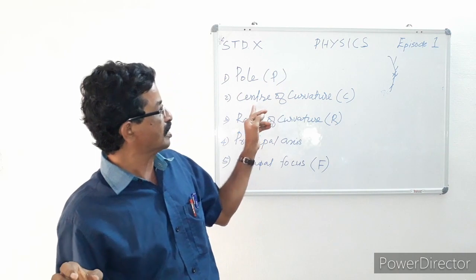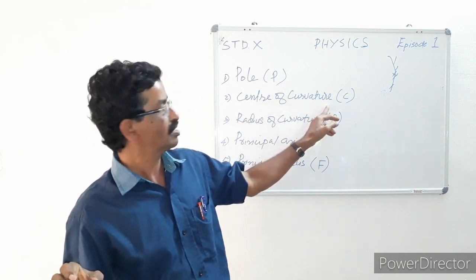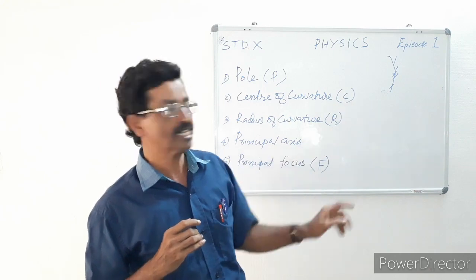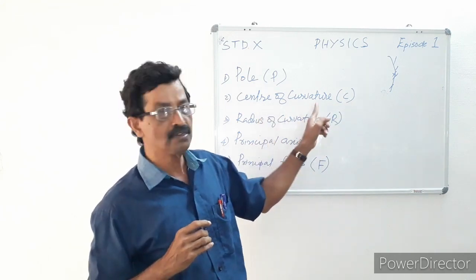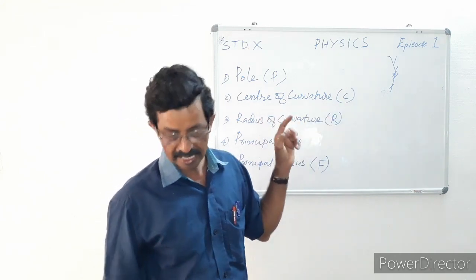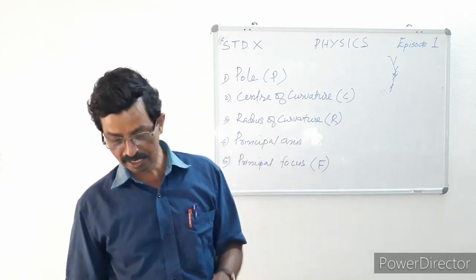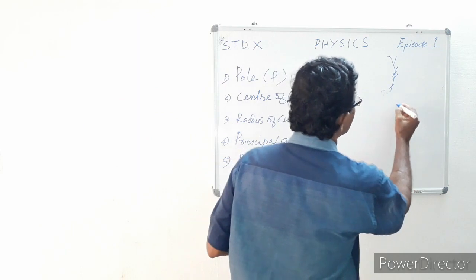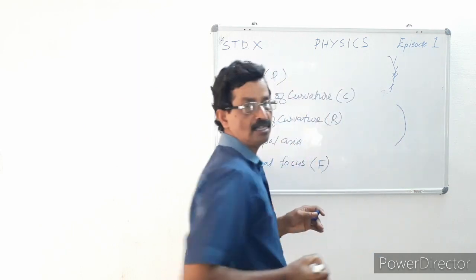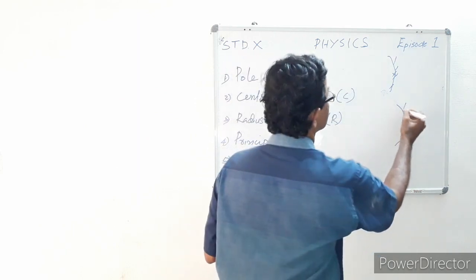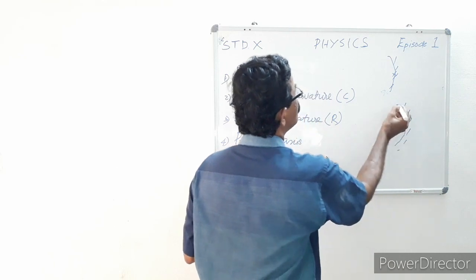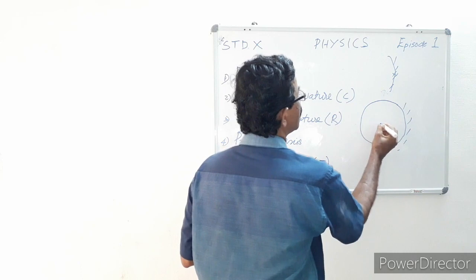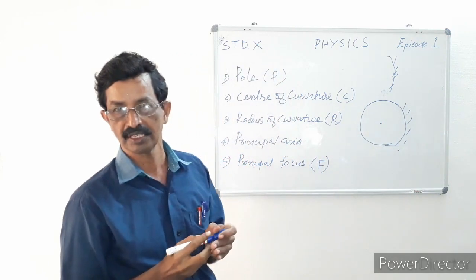The next one is the center of curvature, represented with the letter C. Here you see, this is a concave mirror. If we complete this concave mirror, it becomes a sphere.